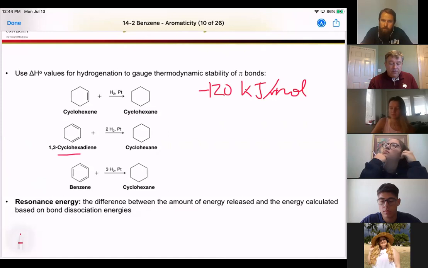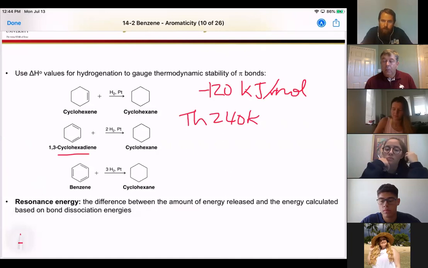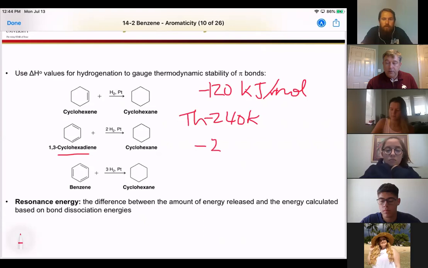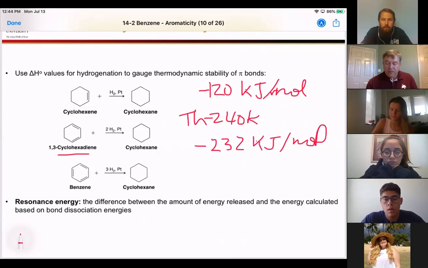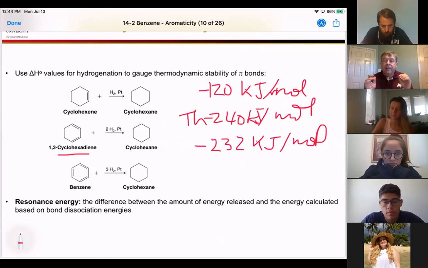And so if we have two alkenes on there, instead of the theoretical 240 kilojoules, when they actually measure it, they measure it to be 232 kilojoules per mole, okay? So what does that mean? That means just having those two alkenes in conjugation with each other stabilizes the system. It gives out less heat than it would have if they were isolated, okay?